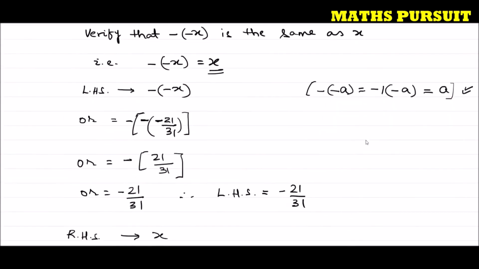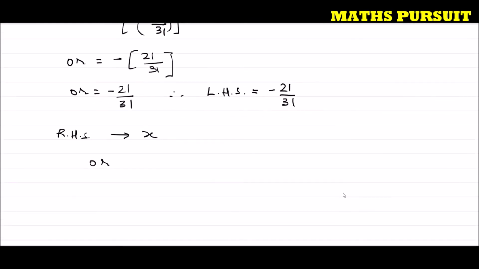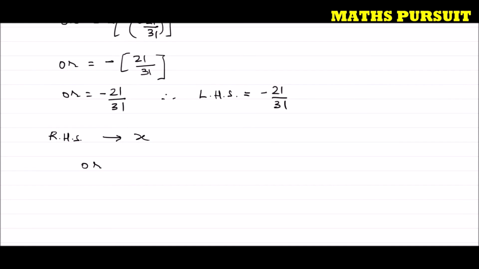So I am going to replace the value of x with minus 21 upon 31. Therefore the right hand side of the equation is equal to minus 21 upon 31.